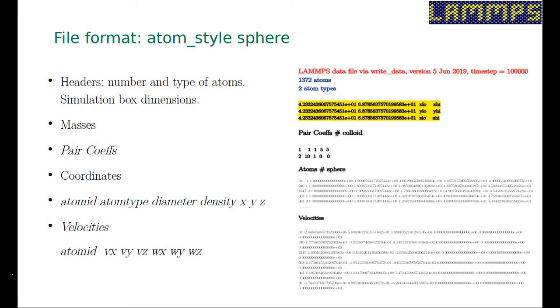The file format for atom style sphere. We have a header where the number and types of atoms are described, and then information related to the simulation box dimensions. We can include information such as the mass, the pair coefficients, and then come the coordinates.